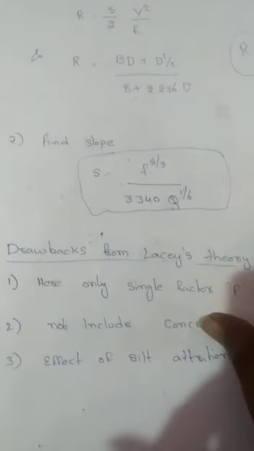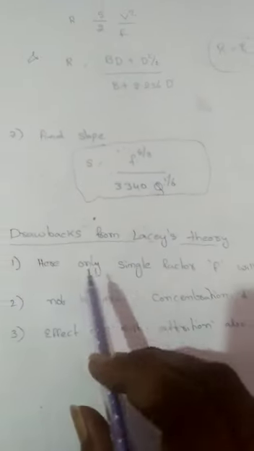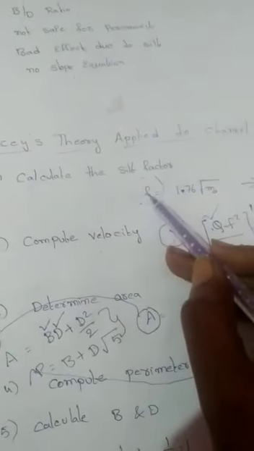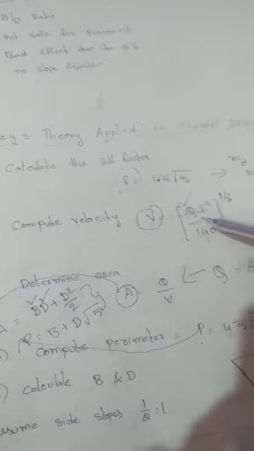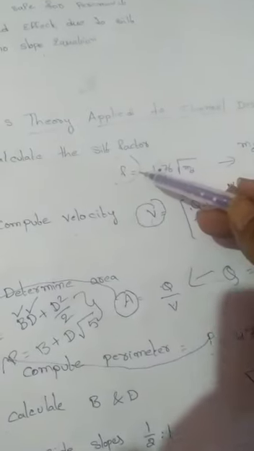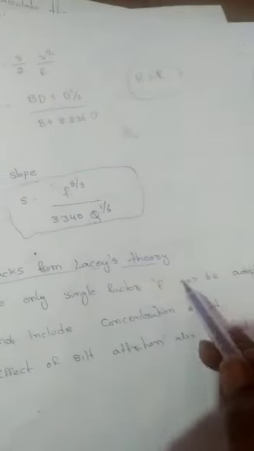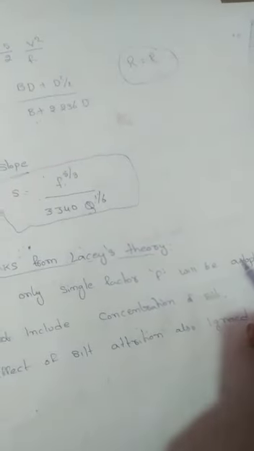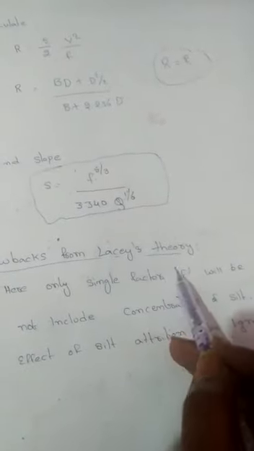Now here also we have so many drawbacks. Now I will discuss those things. Drawbacks of Lacey's theory. Here he uses only one term, that is F, the silt factor. In each and every equation the predominant thing is F. In general, a single factor value will not be adaptable for designing anything. This is a major drawback.